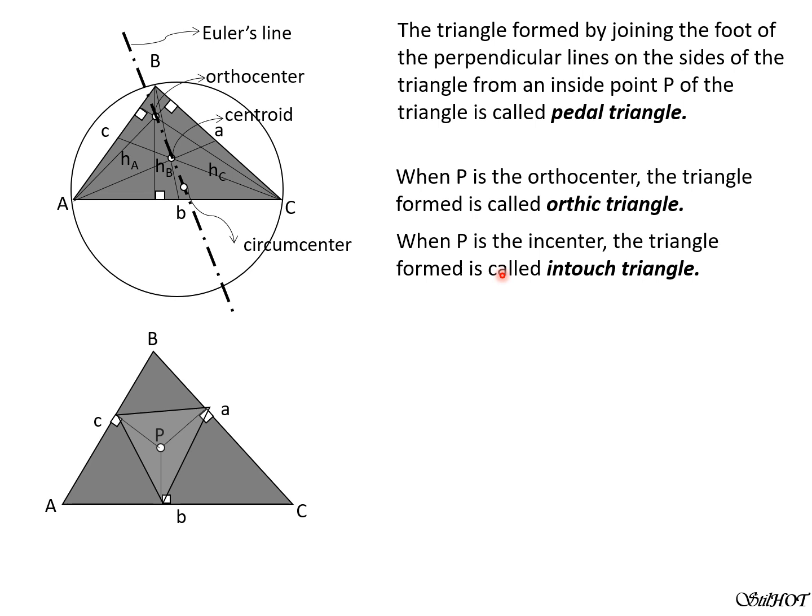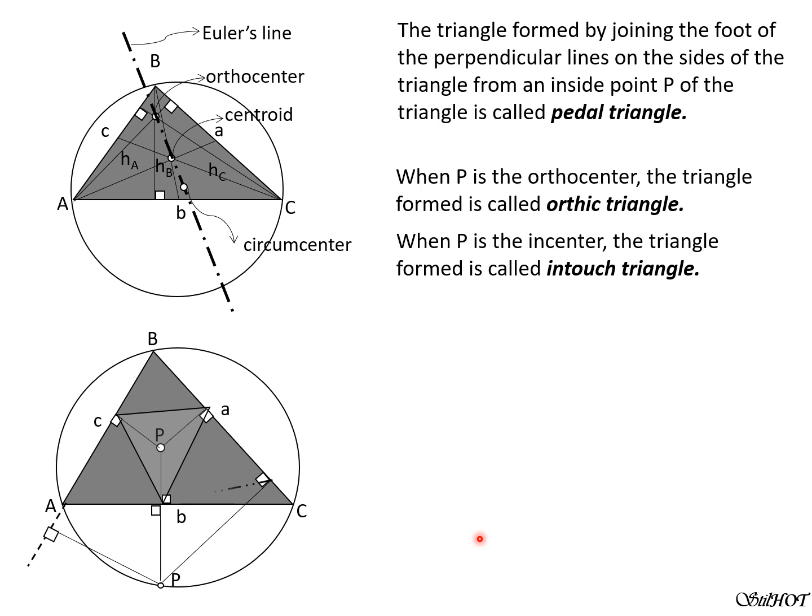So if P is on the circumference of the circumscribing circle, as shown, like this one, then when we draw perpendiculars to the sides and join them, there's no triangle formed but rather a line, and that line is called the pedal line or Simpson's line.